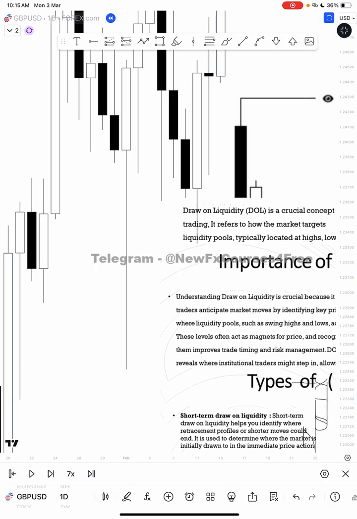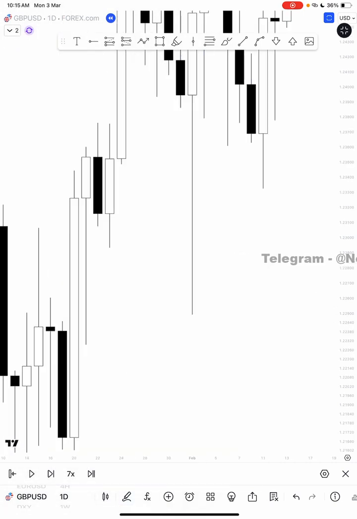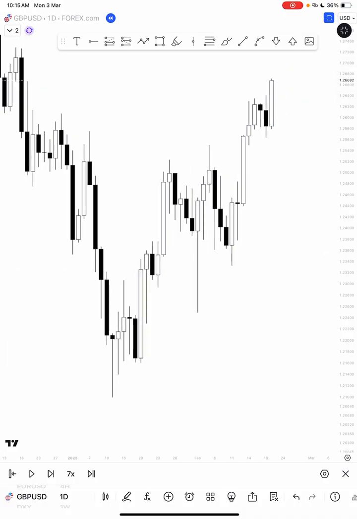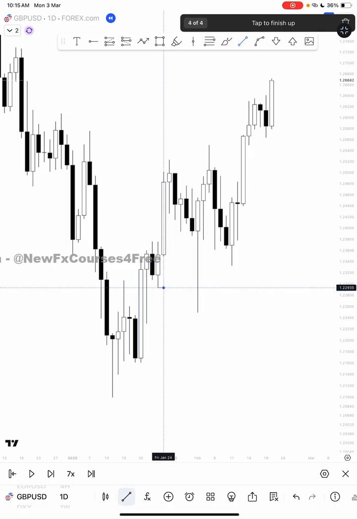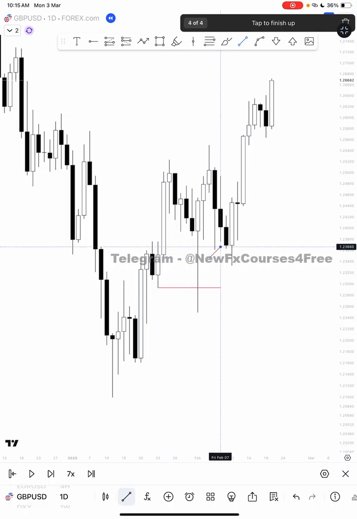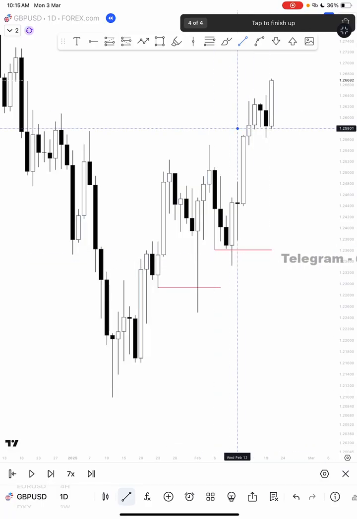Let me delete all these drawings. So here on daily, you can see we are actually bullish. How? Because we are rejecting lows and breaking highs, rejecting lows and breaking highs.